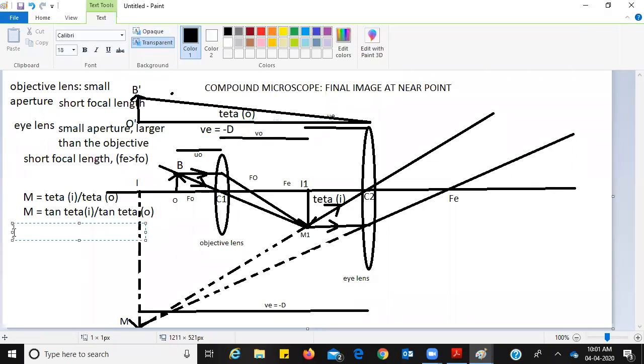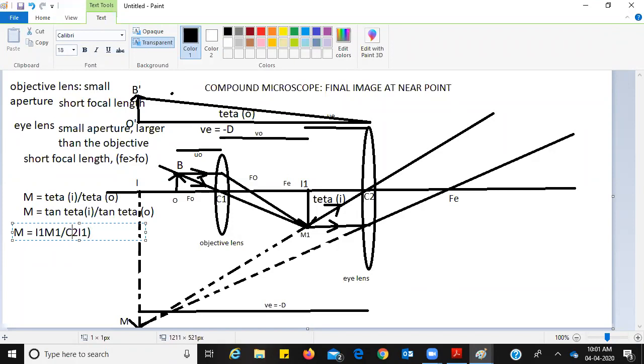Okay. So tell me, M is equal to tan theta I first. So I1 M1 divided by C2 I1.